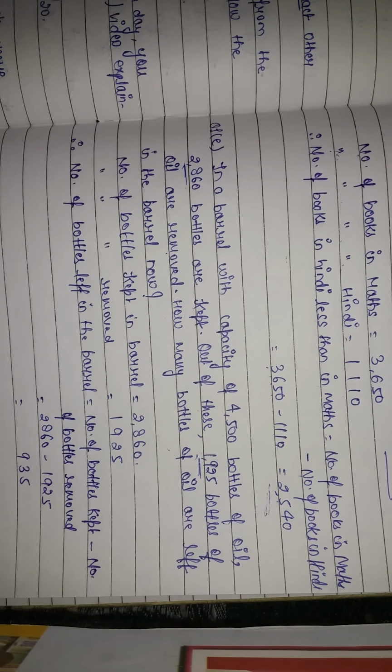From these many bottles, you have taken these many bottles, and now they are asking how many bottles are still in the barrel. For example, your father can give you 100 rupees, right? But he gave you only 50 rupees. आपके फादर आपको 100 रुपीज़ दे सकते हैं, लेकिन उन्होंने आपको सिर्फ अभी 50 रुपीज़ दिए हैं. And out of 50 you gave 10 rupees to your sibling.